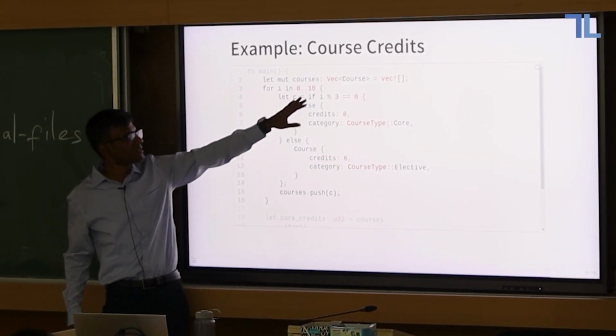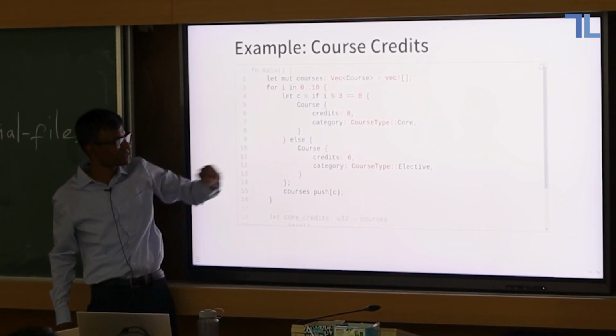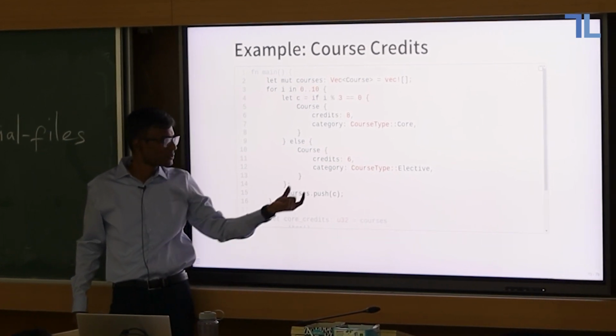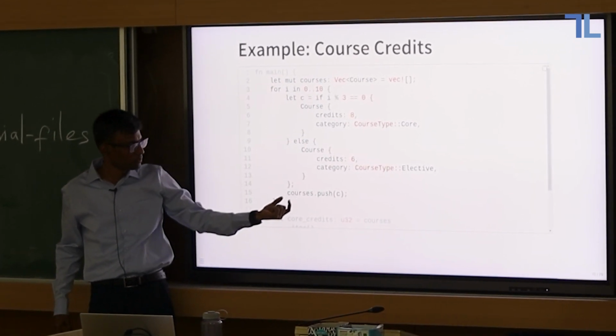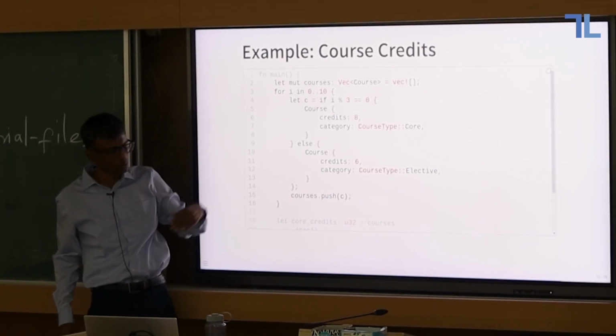So whenever i is a multiple of 3, c is assigned a core course, otherwise an elective course, and I'm pushing that c into this courses vector with courses.push(c). I'm just populating some data to show you how iterators work.